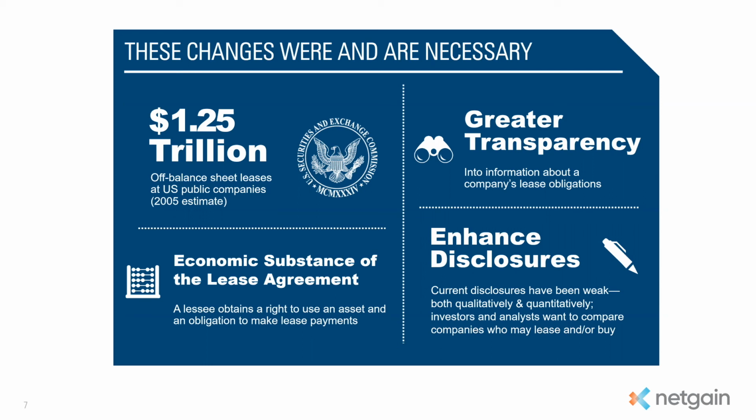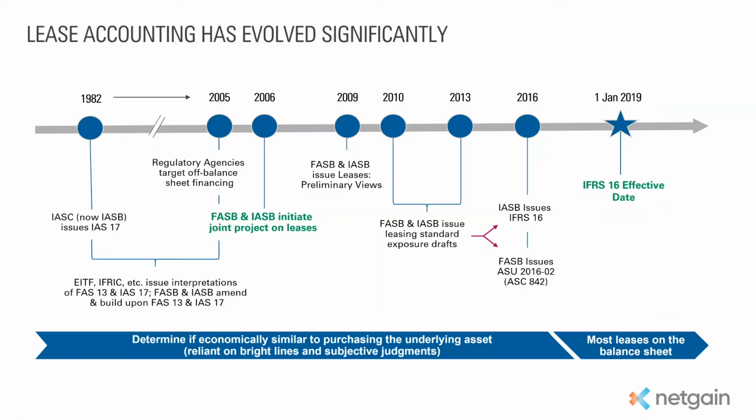The IFRS 16 effective date was January 1st, 2019. One of the big differences between IFRS and U.S. GAAP is that the FASB permitted an additional year for private companies to adopt, whereas under IFRS, everybody adopted at the same time, which makes perfect sense from a comparability perspective.